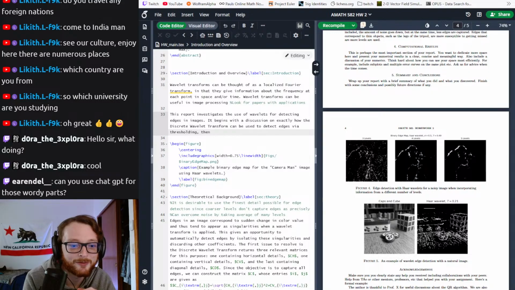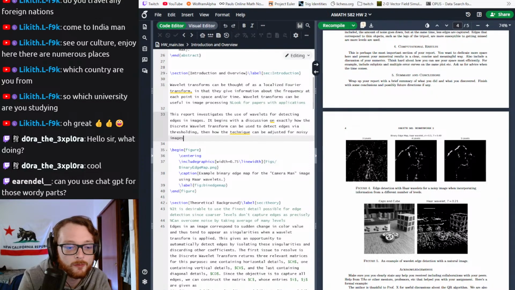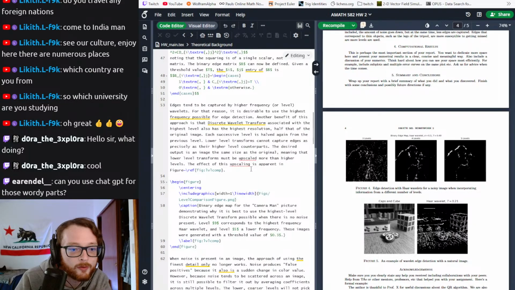Discussion of how it is discrete, then how the technique... where do we use the word technique in this section? I don't think I have. Can be adjusted for noisy images. What else did I say?